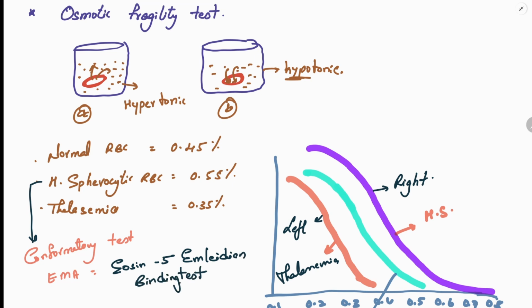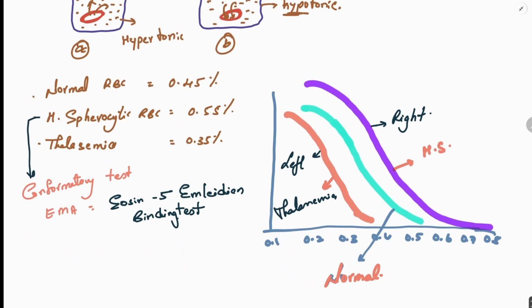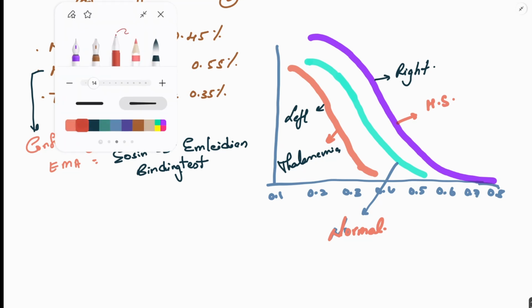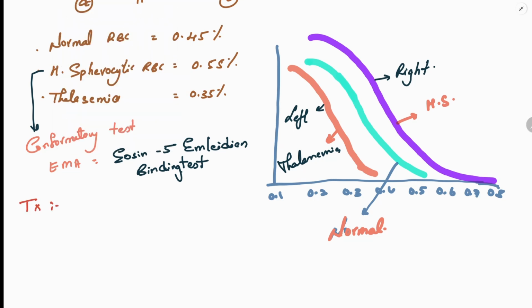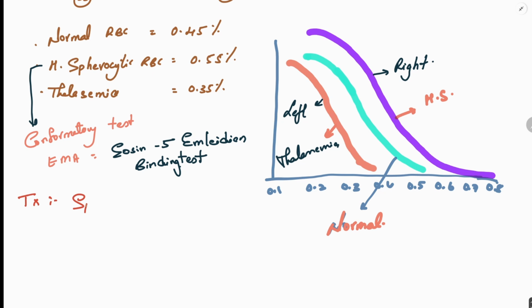So this is the confirmatory test for hereditary spherocytosis, and the treatment is very simple, and the treatment is splenectomy can be done, as spherocyte RBCs stay but anemia is corrected, and in the peripheral smear after splenectomy you can sometimes see Howell-Jolly bodies. Howell-Jolly bodies can be seen in hereditary spherocytosis peripheral smear.